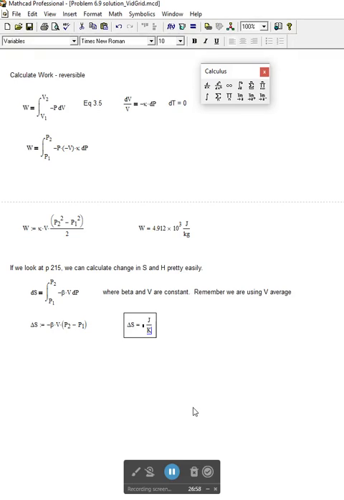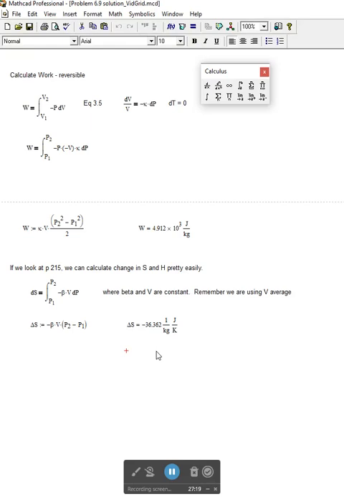What is MathCAD going to do? MathCAD's going to fix it for me. It's going to put the per kilogram in there. That's one of the other reasons why, if I were you as a student and didn't want to be making silly mistakes on quizzes or exams, I think it's good to use MathCAD.